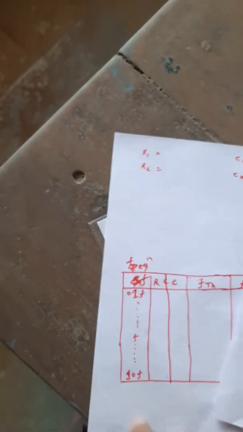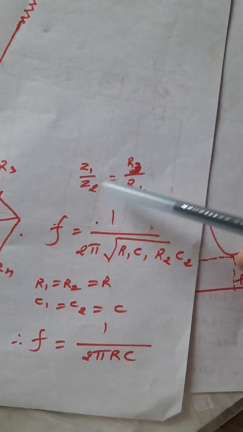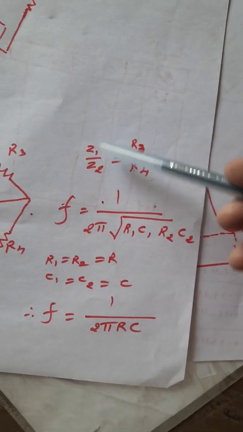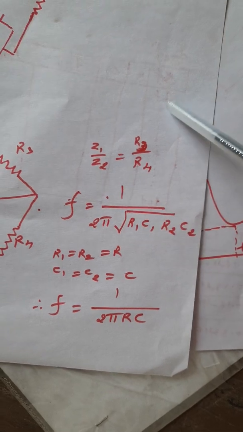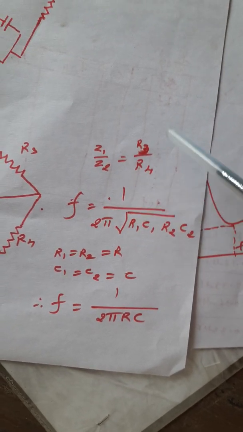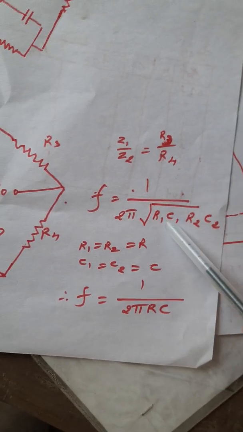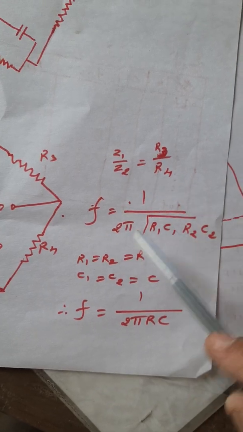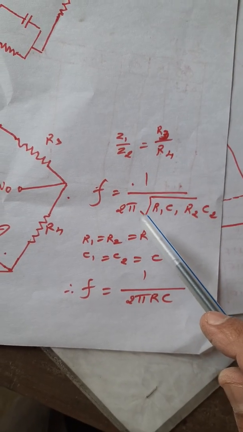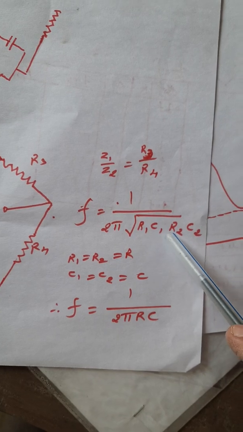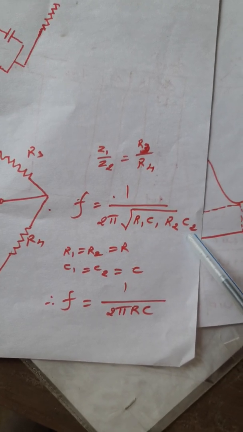The actual formula, using the balance condition Z1 by Z2 equal to R3 by R4, gives the balance condition F is equal to 1 upon 2 pi under root of R1 C1 R2 C2.